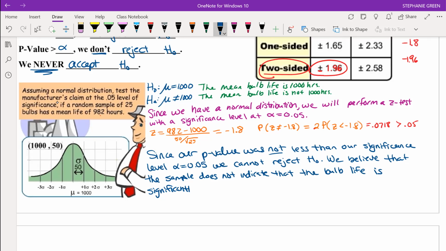So significantly higher or lower, different from the average of 1,000. Okay, I'm not accepting that it is 1,000.